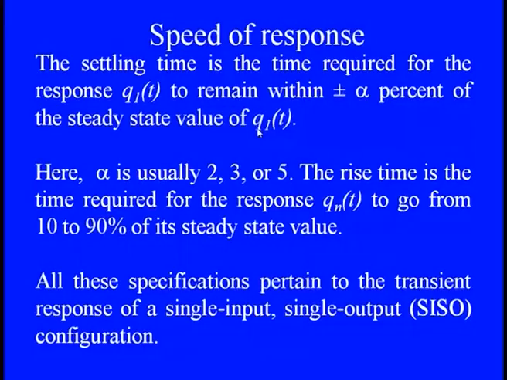Second is the rise time, because the response is just starting from 0 and going up towards the peak. So the rise time is the time required for the response to go up to, say, 10 to 90% of its steady state value. These specifications, the settling time and the rise time, simply pertain to the transient response of a single input single output configuration.